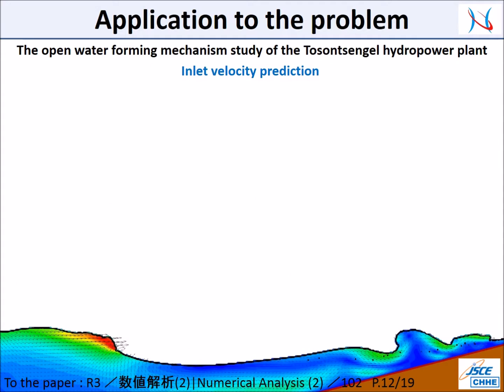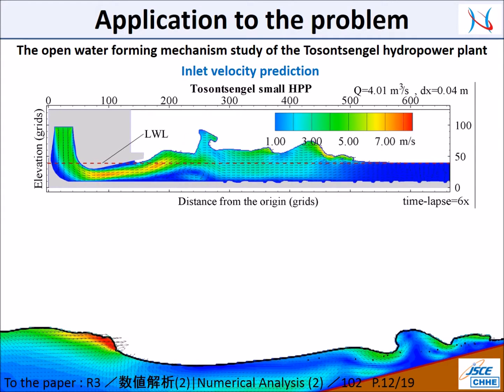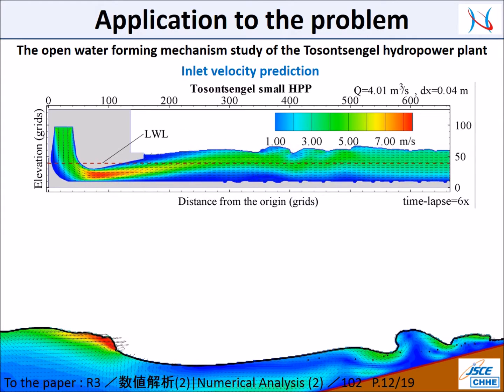So how much discharge do we need to maintain the low water level? First we ran the simulation with the discharge of turbine capacity. It was too high. Apparently the water velocity hits up to 7 meters per second.